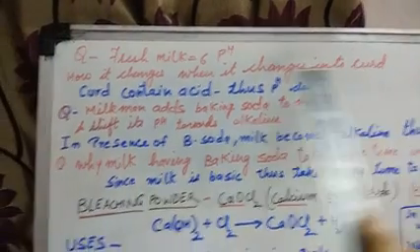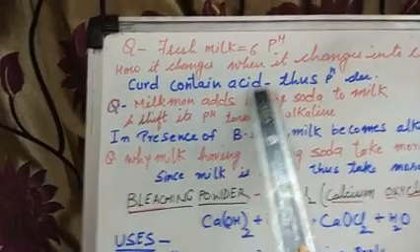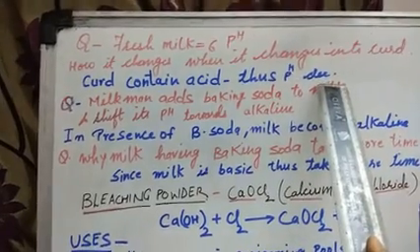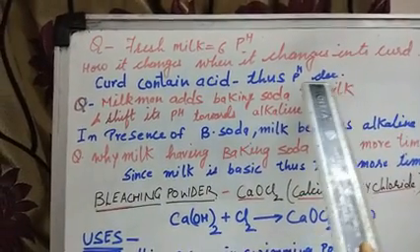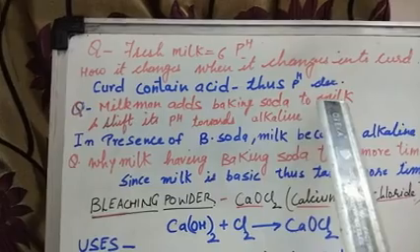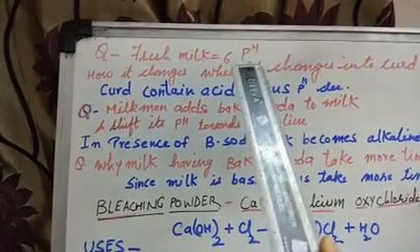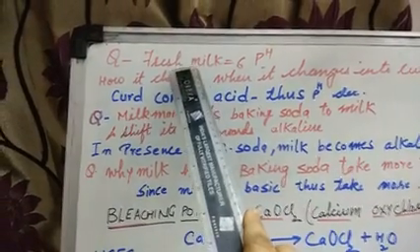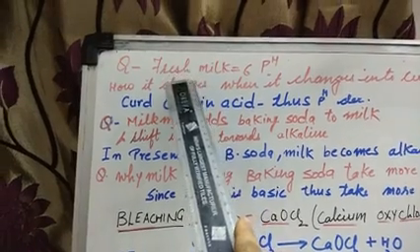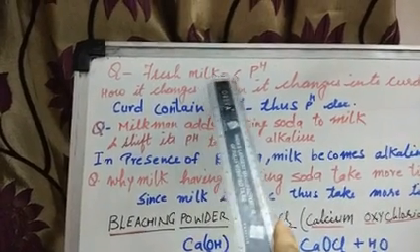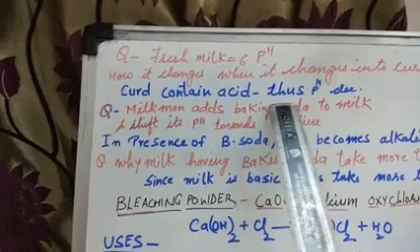Curd contains acid and thus the pH decreases. Is it clear, students? When milk converts into curd, its pH value decreases from the previous value. When the milk was fresh, its pH was 6, and it decreases from 6.